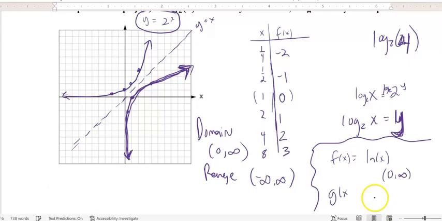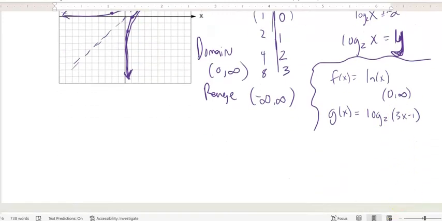Well, we could do something a little more challenging. What if I asked, what's the domain of the log base 2 of 3x minus 1? How would you find the domain of that function? Well, remember, what you're taking the log of has to be positive. Sorry, I said non-negative, but it cannot be 0. So make whatever is in there, if it's some kind of transformation, greater than 0, and then you solve that.